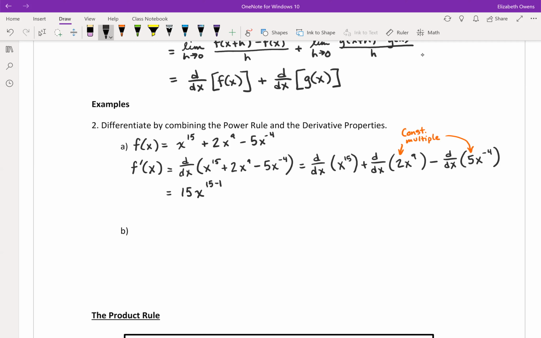And so we can say that this is going to be the same as taking that constant times the derivative of x to the 9th. So 2 d dx of x to the 9th. And then might as well do that on our last term here as well. That's going to be minus, bring our constant multiple out, so 5 times the derivative of x to the negative 4th.